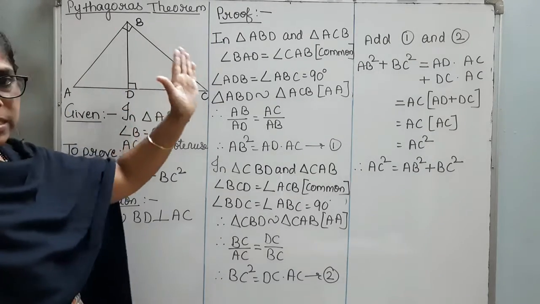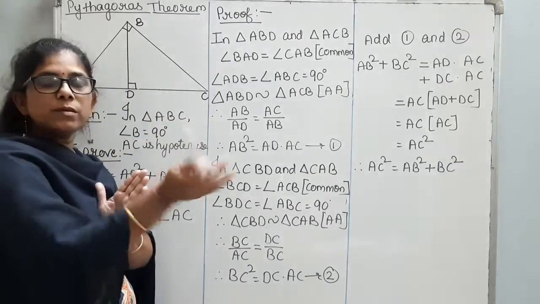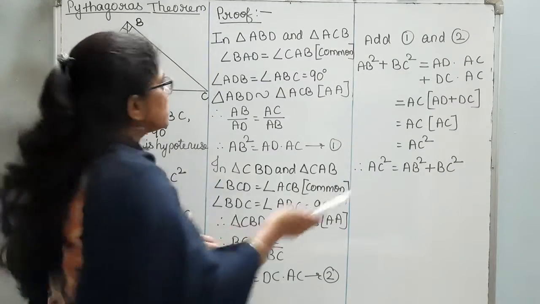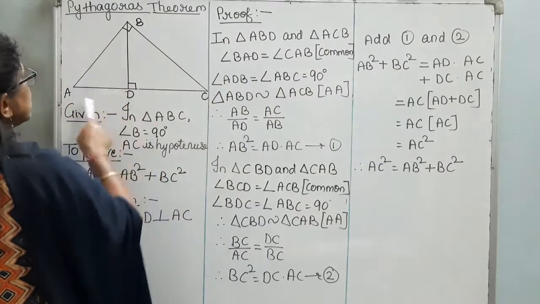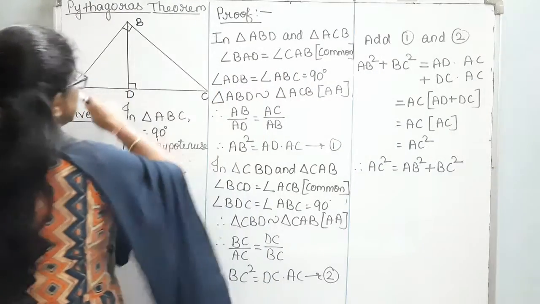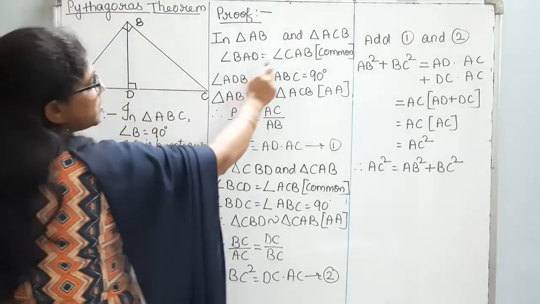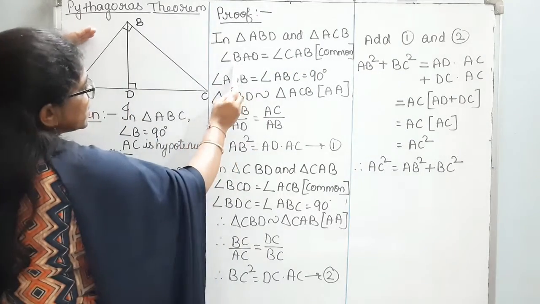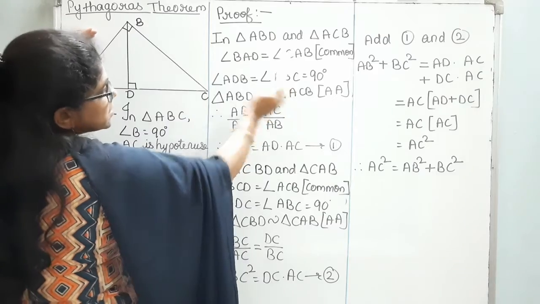So now, as I said, it is a continuation of our previous theorem, so it's easy for you to understand now. Let us consider triangle ABD and triangle ACB. In this, angle BAD is equal to angle CAB.